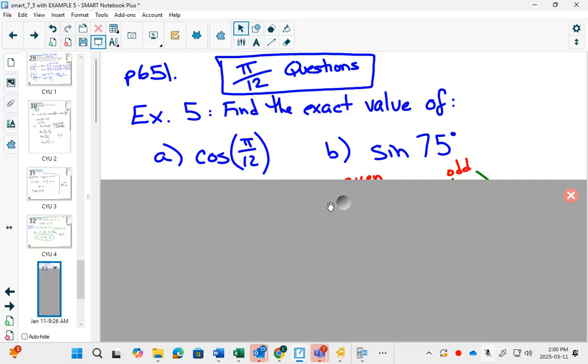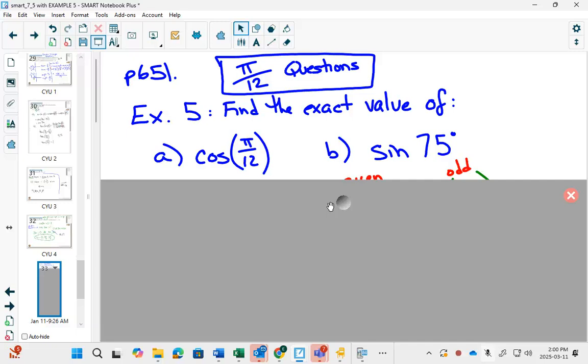If you want, you can even start on 650, because we're going to do a bunch of pi over 12 questions. These are the angles on your pi plate, like 15 degrees, 75 degrees. And without a calculator, you're going to be asked to find the exact value of them.